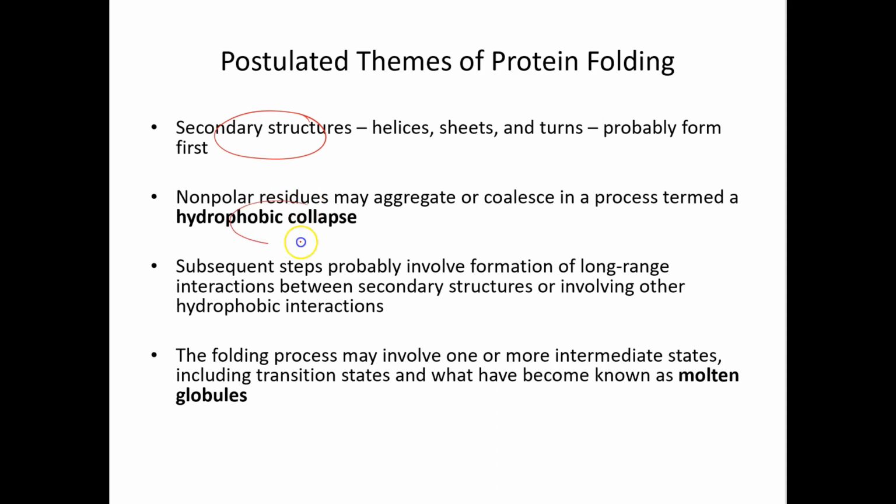Now, the hydrophobic collapse is the term which describes the coalescence of all of the nonpolar residues towards the center of a globular protein. Meaning that once you have all of your secondary structures established, all of the nonpolar residues are going to try to hide from the solvent.